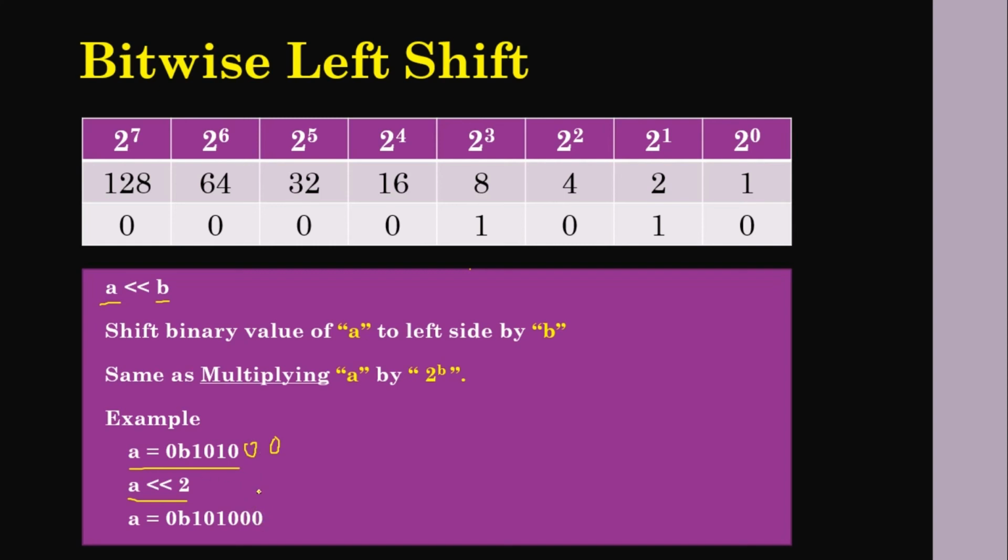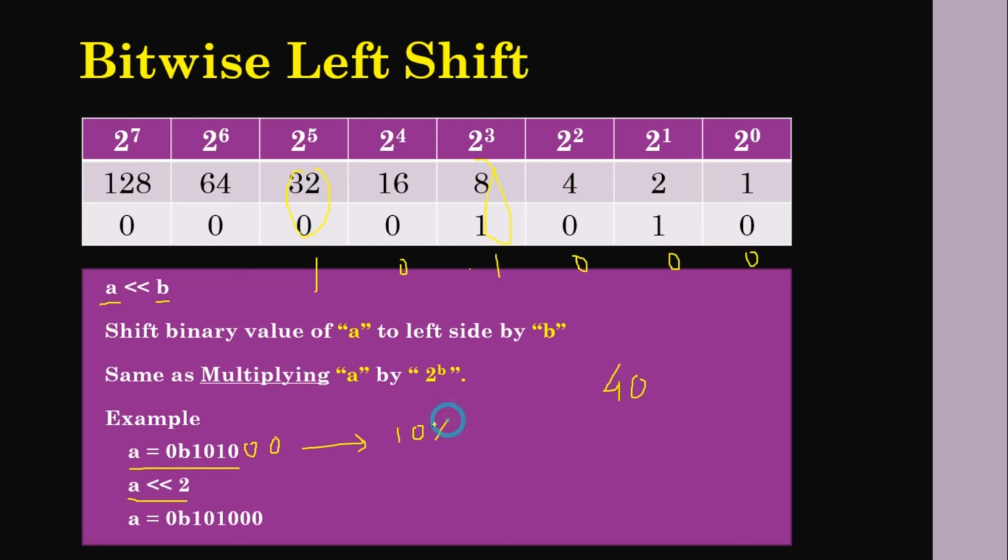And this bitwise left shift is similar to multiplying a number by 2 raised to B. You can see that the decimal value of this number is 10, and if I do a bitwise left shift, then this number will become 0 0, and then again 0, then 1 0 1. So this is 32 and this is 8, so we have a total of 40.